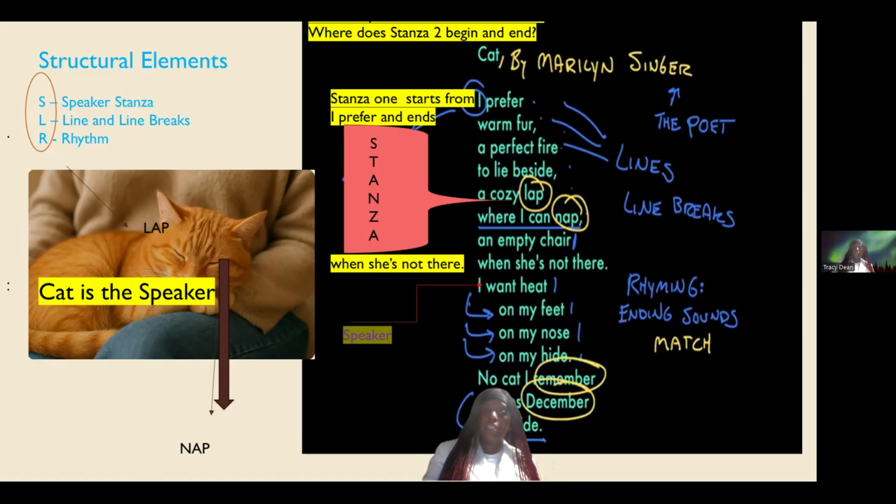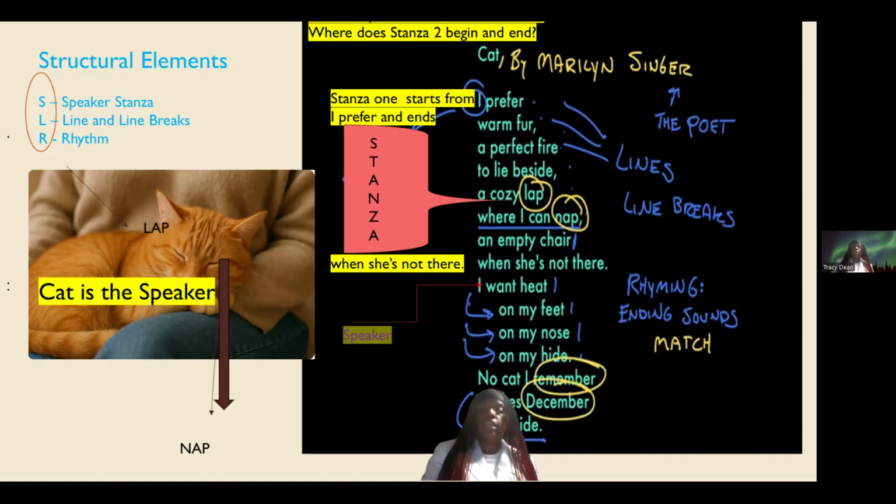Now, this poem is Cat by Marilyn Singer. So here we have the cat, and the cat is going to be the speaker. So if you notice, I put the speaker over his mouth. Cat is a speaker. And what we call the stanza.